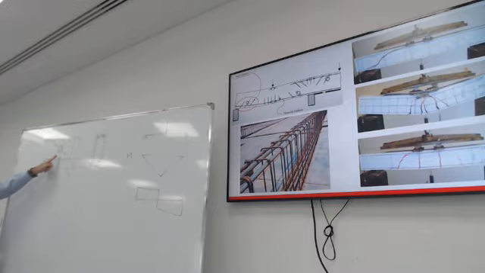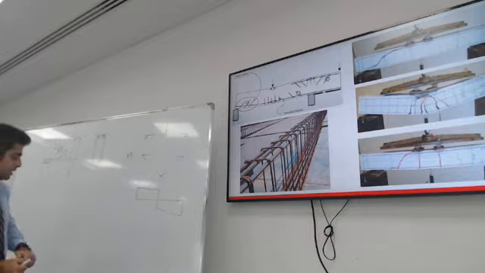And this link is resisting that crack by taking this force into two components, the vertical component and the horizontal component. The vertical component of the tensile force will go in the steel, and the horizontal component will go in the bottom reinforcement. So I will talk about this in a second.